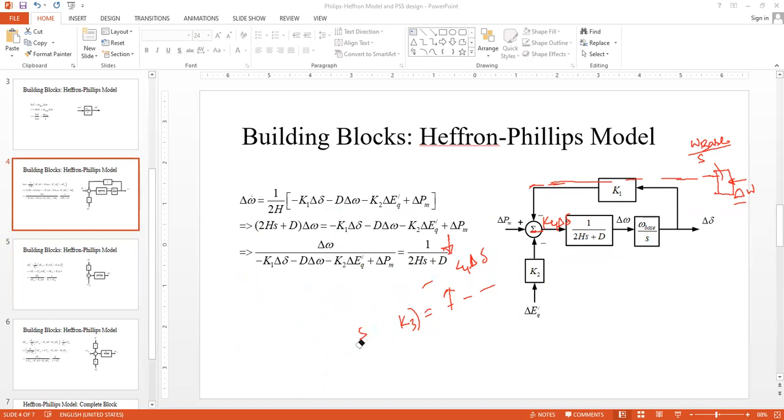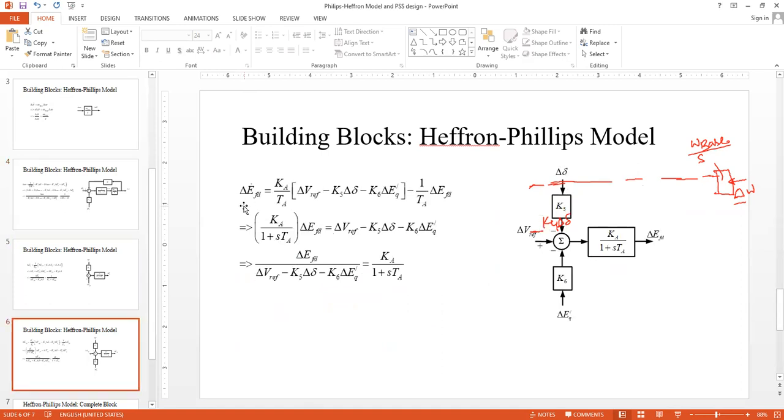So the last equation, the fourth equation, let's take it. The fourth equation is about the delta EFD dot. So this is K over TA, it's the EFD in the time domain. So delta EFD dot equals K over TA, del Vref minus K5 del delta minus K6 del Eq dash. What I have done, I have simply ignored here.